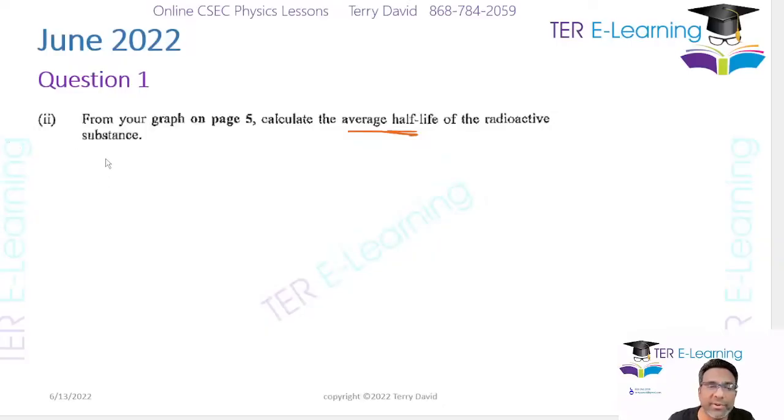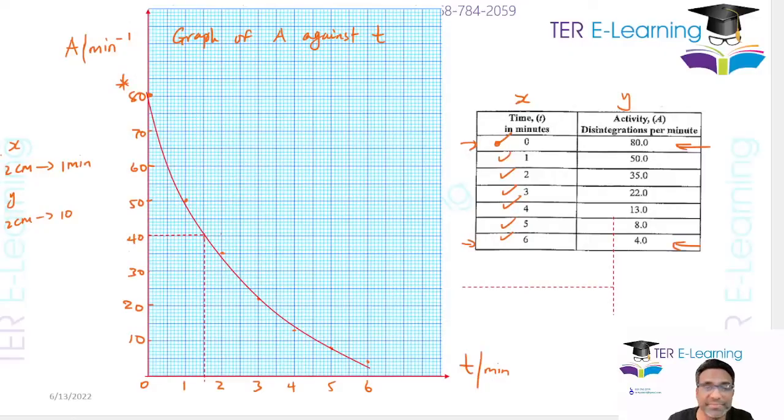So here's how you're going to write this up. Your initial activity was 80 per minute, and that time corresponds to 0. Your activity changed to 40 per minute, and the time that I'm getting here is 1.5.